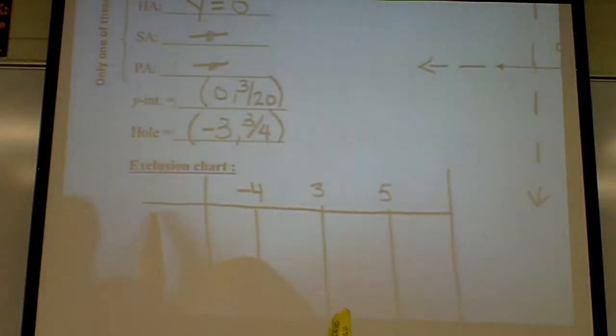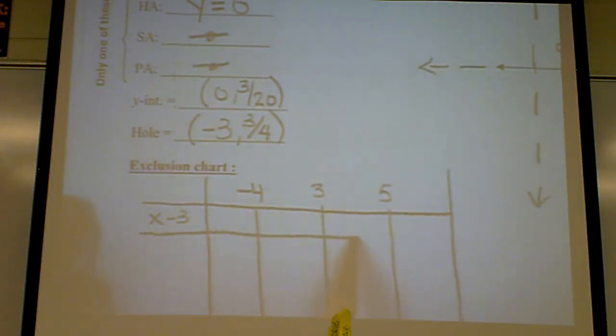My factors that I'm going to use are x minus 3, x minus 5, and x plus 4.